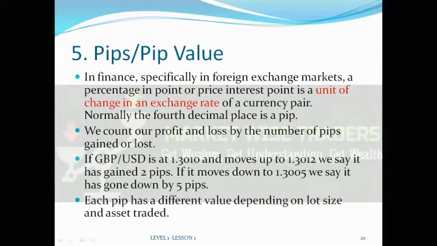So we count our profit or loss by the number of pips gained or lost. Here's an example. If GBP USD, GU, is at $1.3010 to buy £1, and moves up to $1.3012, we say it has gained 2 pips. You understand this? Are we together, Sam?